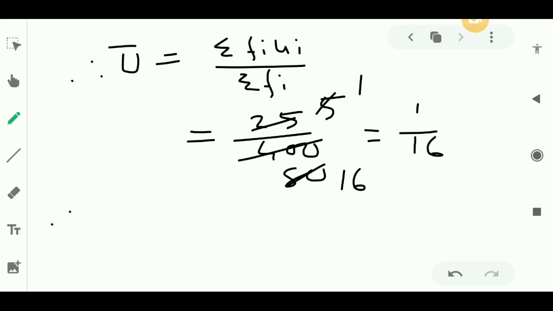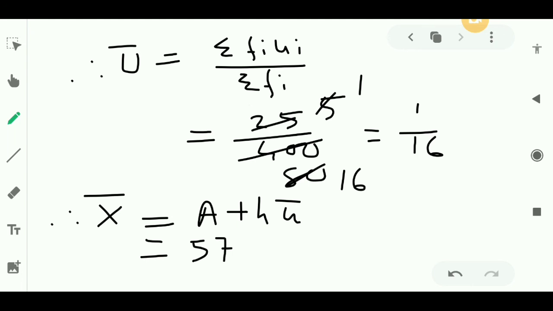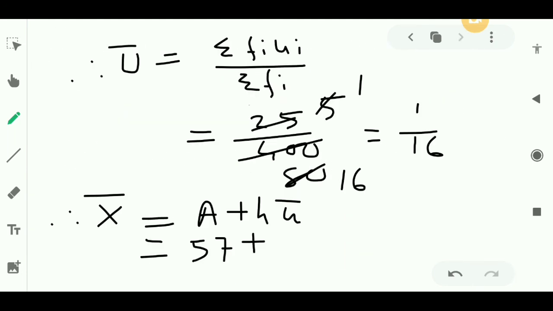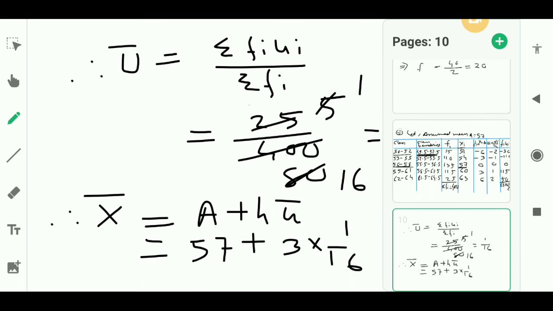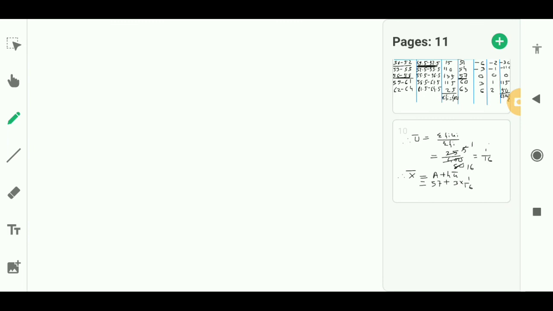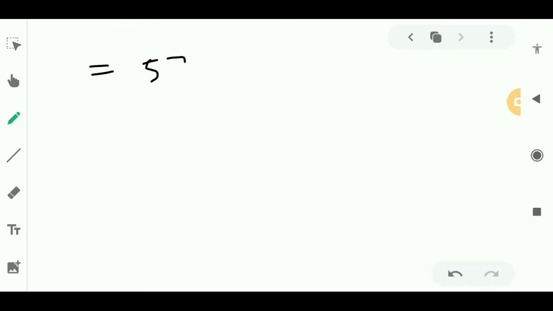So now we will find the mean. This is x bar. The formula is a plus h u bar. So a is the assumed mean, that one is 57. We have taken 57. Plus h, which we got as 3, into 1 by 16. Now we will simplify this and we will get the answer. So it will be 57 plus 3 by 16.